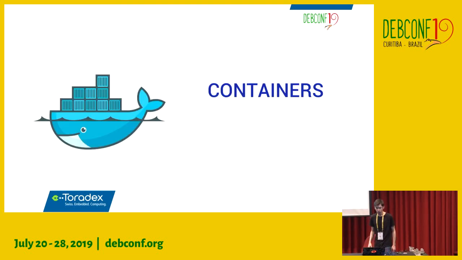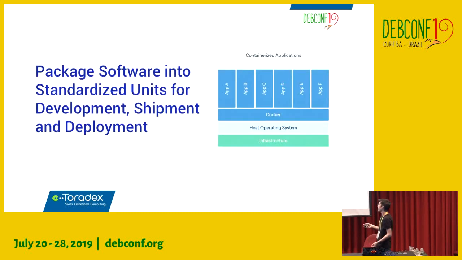So what is a container? We have the ship, which is the kernel, right? All these containers are software packages isolated from each other, but we have a shared kernel, right? This is the definition from the Docker website: package software into standardized units for development, shipment, and deployment, right?